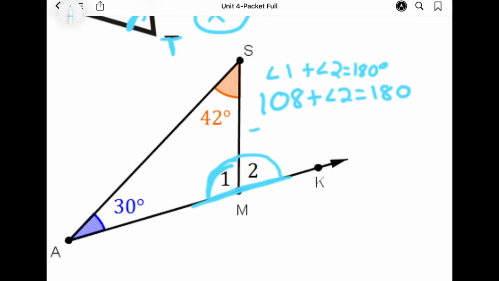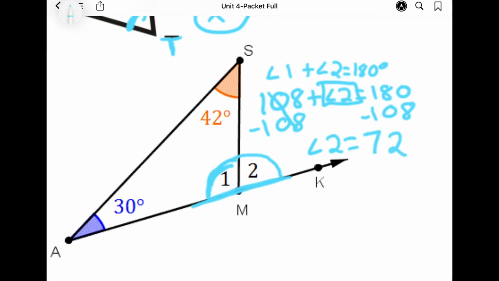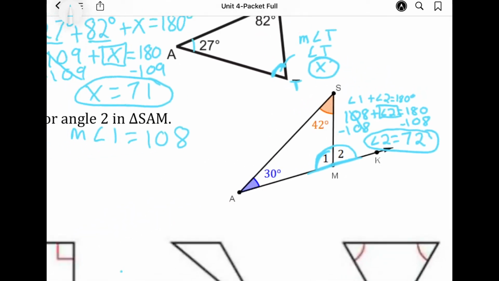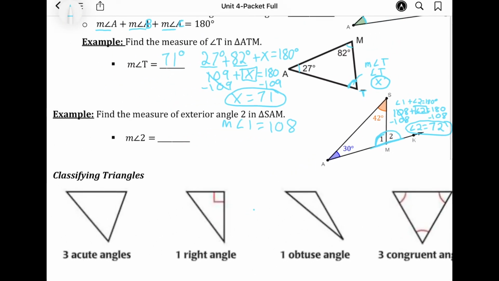So we're going to subtract 108 to get angle 2 by itself. So angle 2 is going to equal 72. So that is what you can put on the line if you have it printed off.